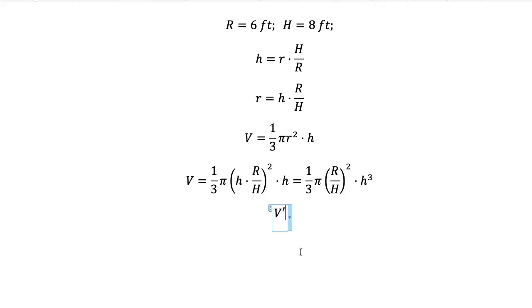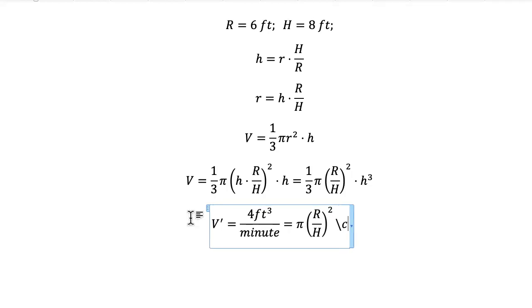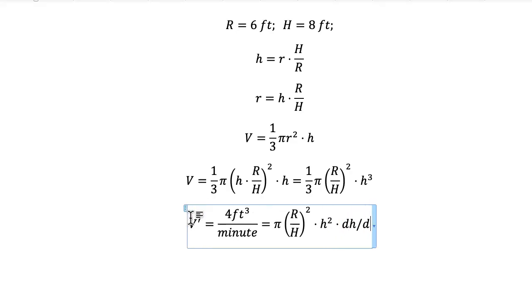Okay, so now we need to take the derivative with respect to time. So V prime, the derivative of the volume with respect to time, which we know is 4 cubic feet per minute. That's a constant, equals, taking the derivative of h cubed, 3h squared dh dt. So the 1/3 and the 3 give us 1 times r over h squared times h squared times dh dt.